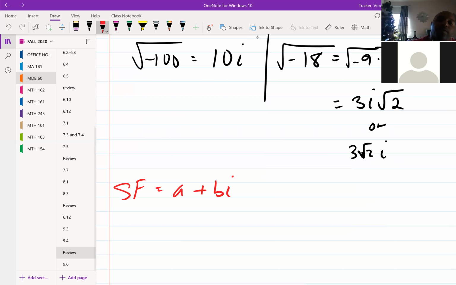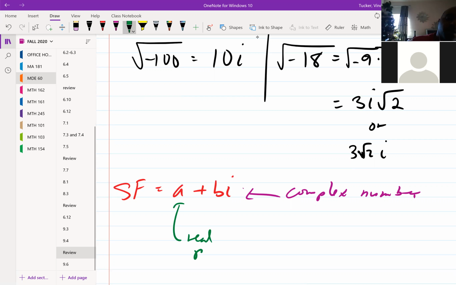So standard form of your, what we call this is a complex number. You write your real part first, imaginary part second.